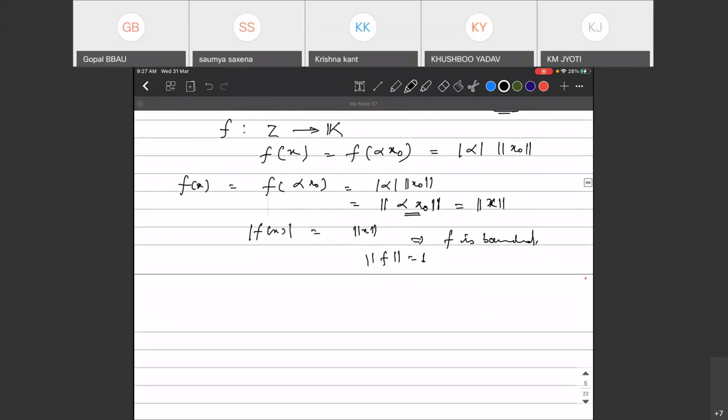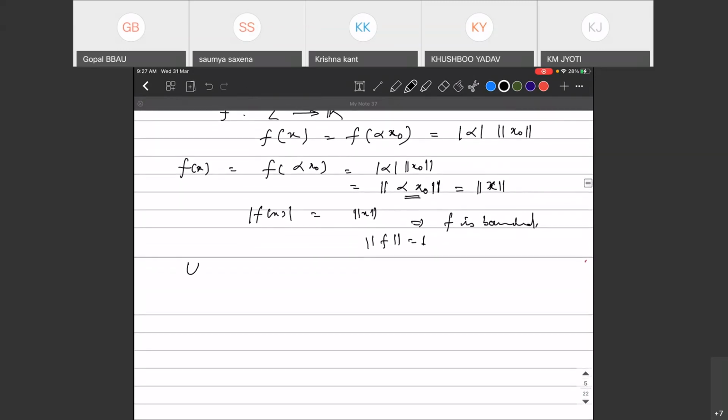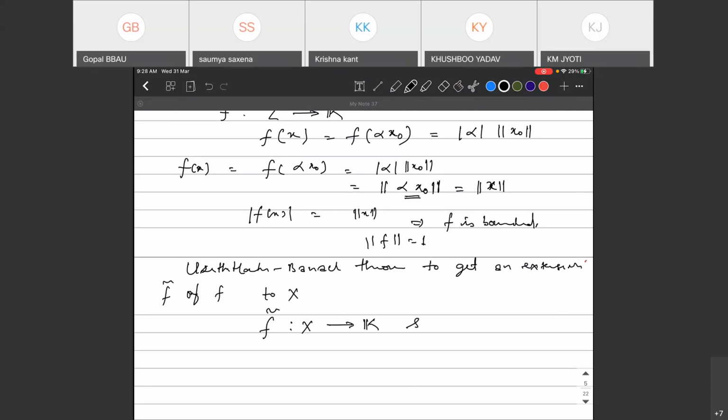Now you use the Hahn-Banach theorem to get an extension f tilde of f to X. This means there exists f tilde from X to K such that when we restrict f tilde to Z, we get f.